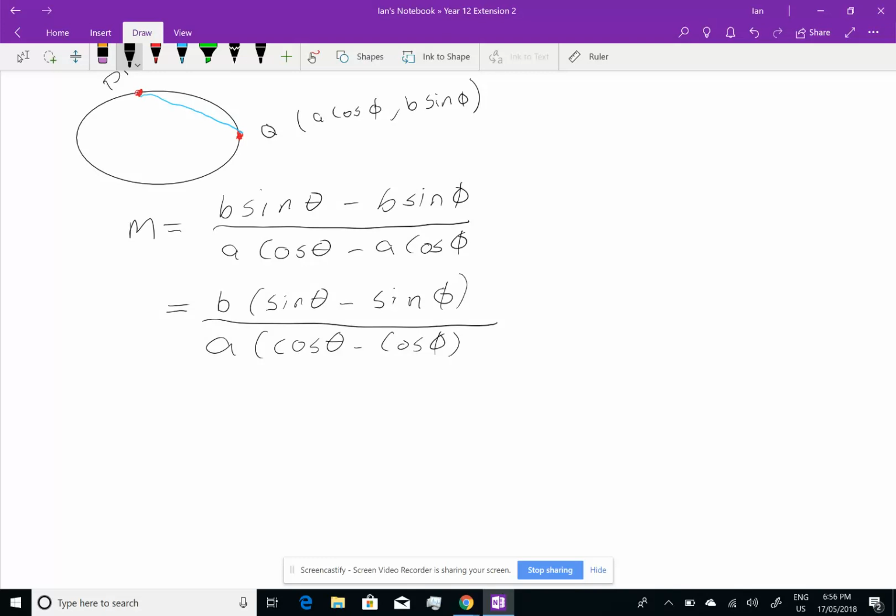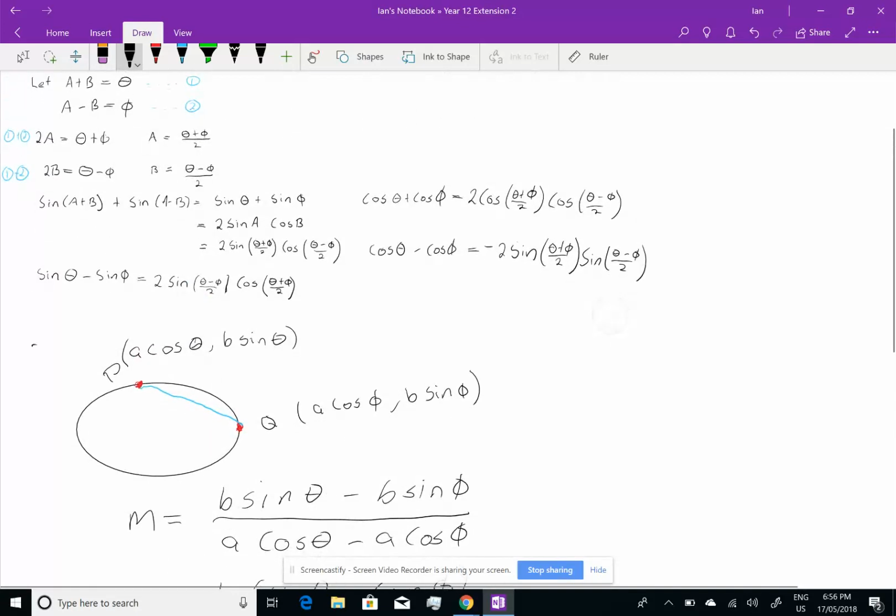Now, I know that sine theta minus sine phi. Didn't we just do that? Sine theta minus sine phi, there it is. Look up here, there it is. Well, that's not what we want to use.